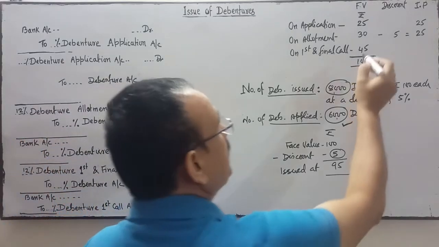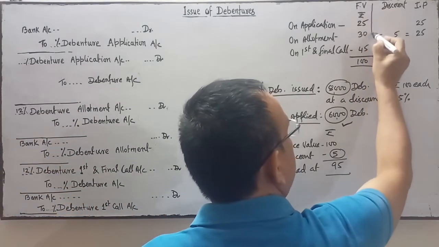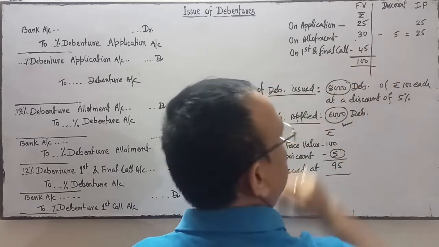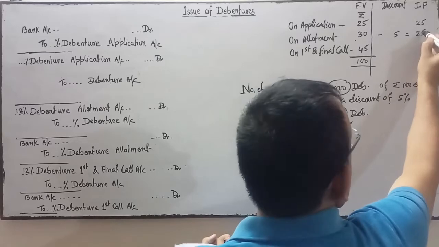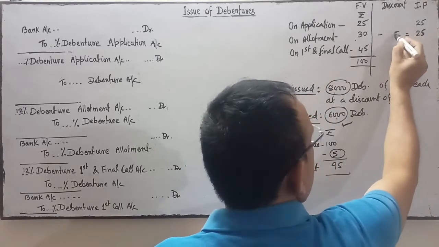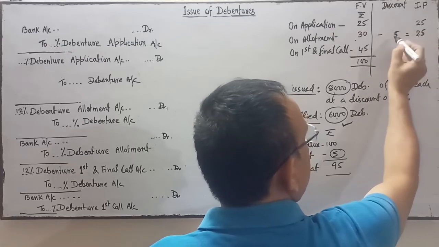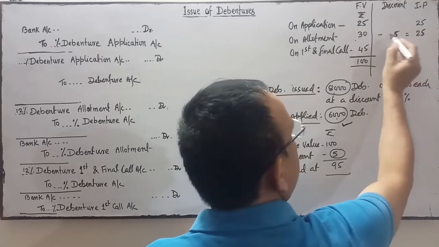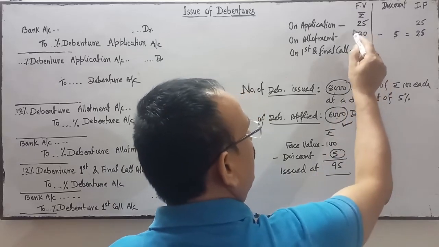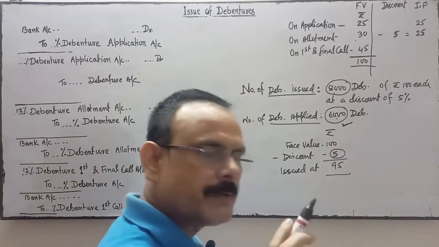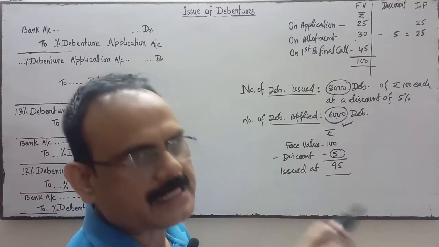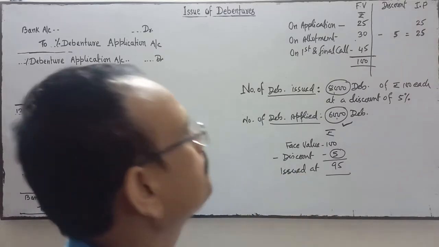This calculation is very important. Normally students make a mistake here. Write the payable in the issue price line and the discount here: 25 plus 5 is equal to 30. It means on allotment, the face value is 30, and after the 5 rupees discount, the payable is 25.